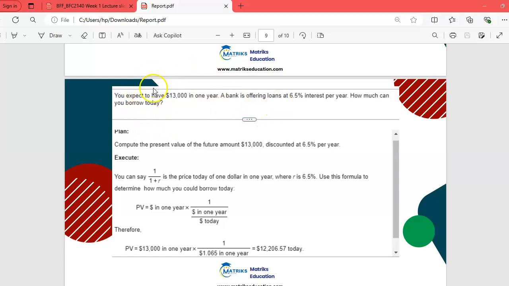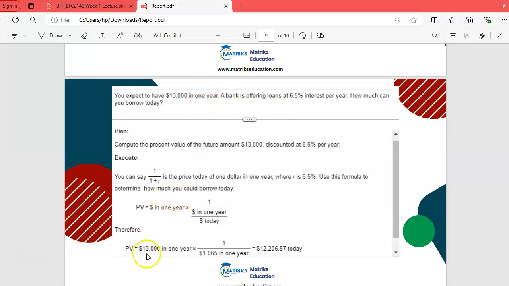If you get a question like this, you must understand that you need to use the present value concept. So now we will calculate the present value of $13,000 in the next 1 year, using the formula of present value, C divided by (1 plus R) to the power N, with N being 1 year only.